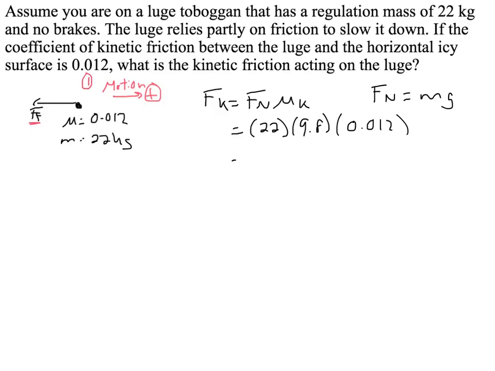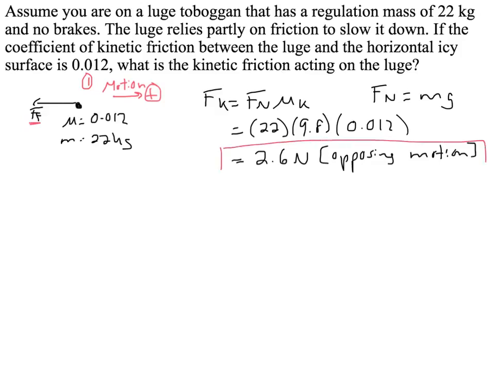If you do the math, you get 2.6 newtons opposing motion. So that's our final answer. 2 sig digs throughout, so we are good.